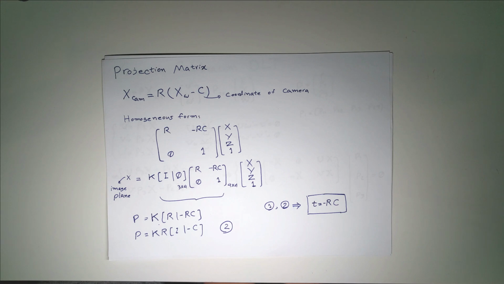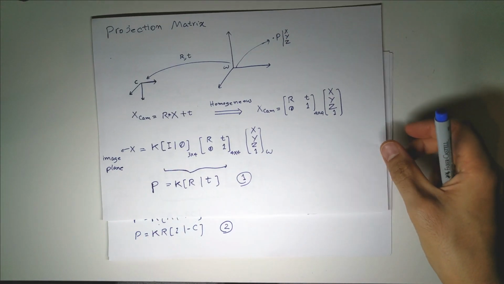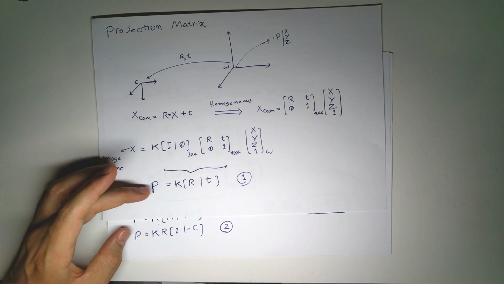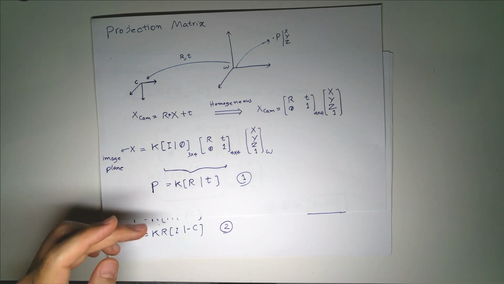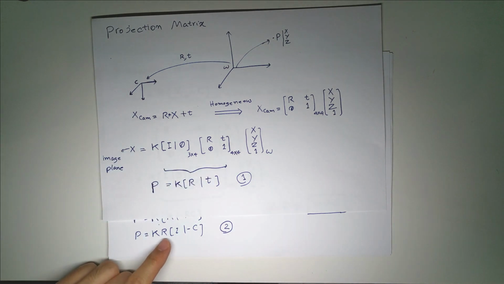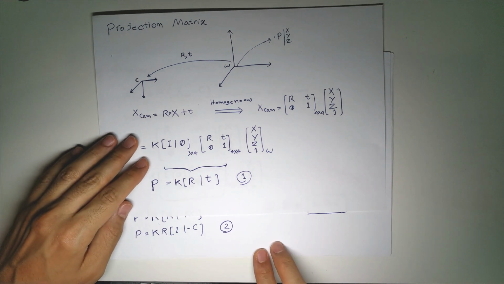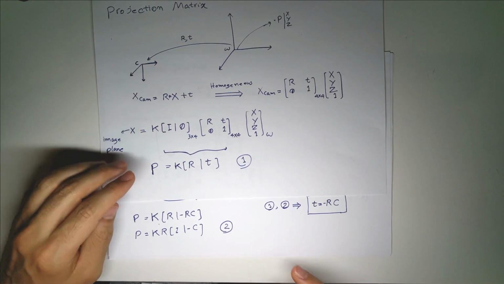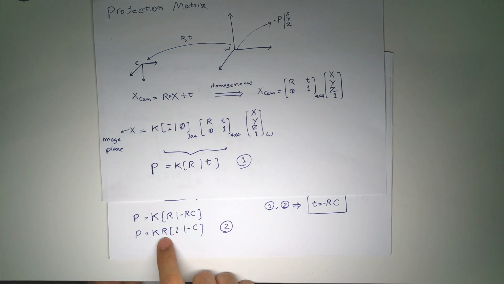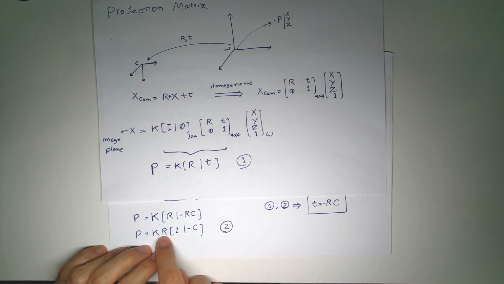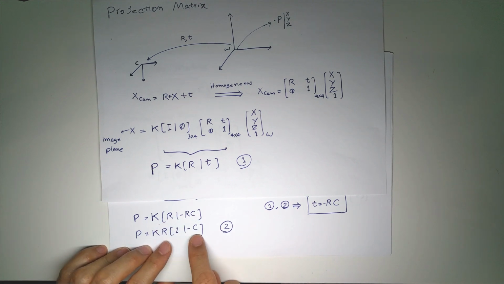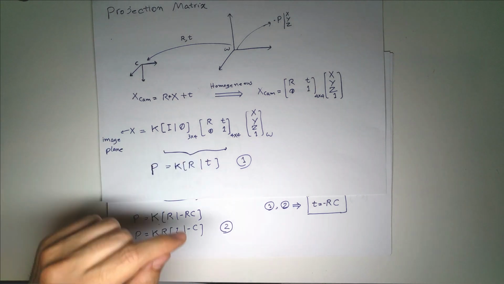So that means, if I show equation number 1 here, because these two P are equal, this T should be equal to R minus C. I just factorize the R and put it outside, so KR multiplied by this, I have KRT.